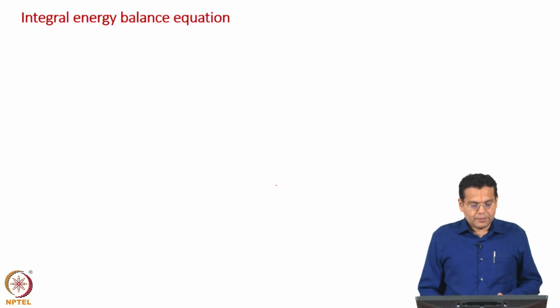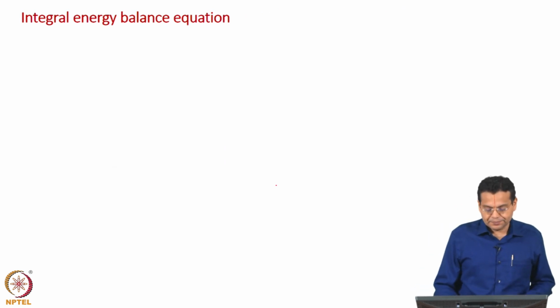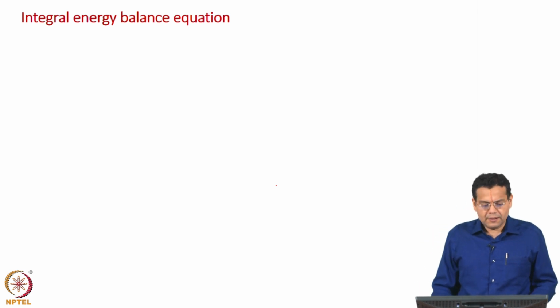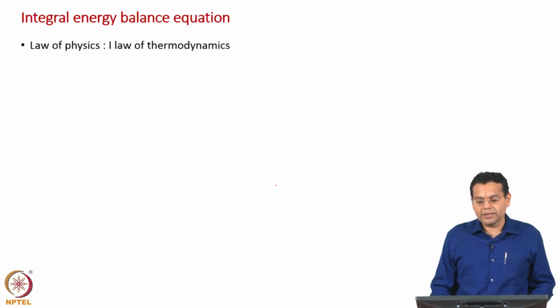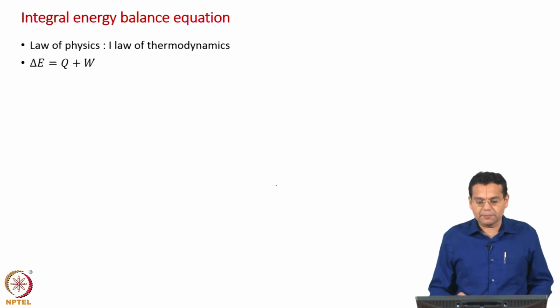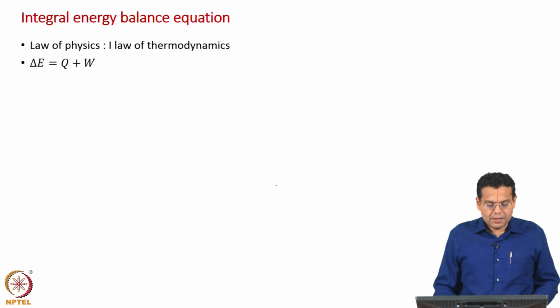Okay. So, let us start deriving the integral energy balance equation. As usual, the first step is the law of physics, and that is the first law of thermodynamics. Okay. Now, let us write the first law of thermodynamics, which is delta E is equal to Q plus W. Let us look at the nomenclature.